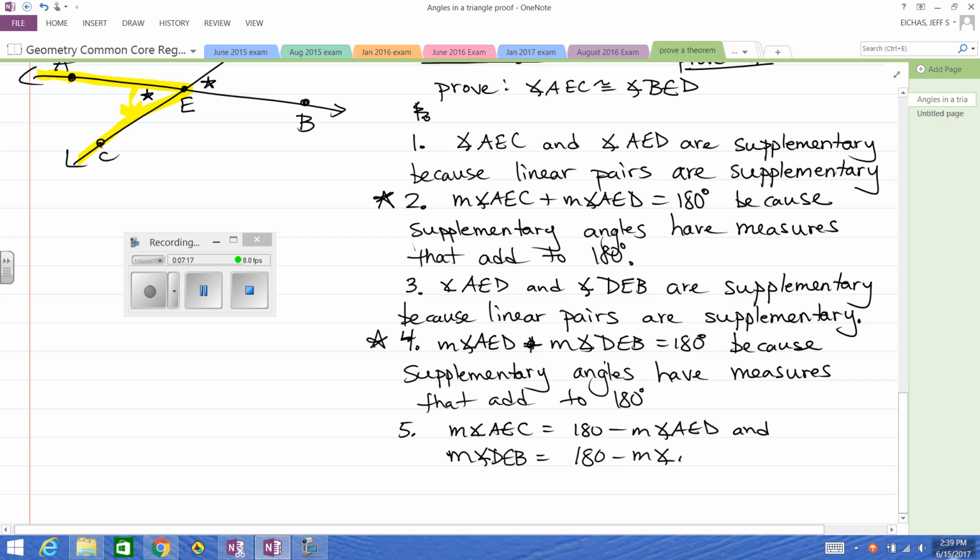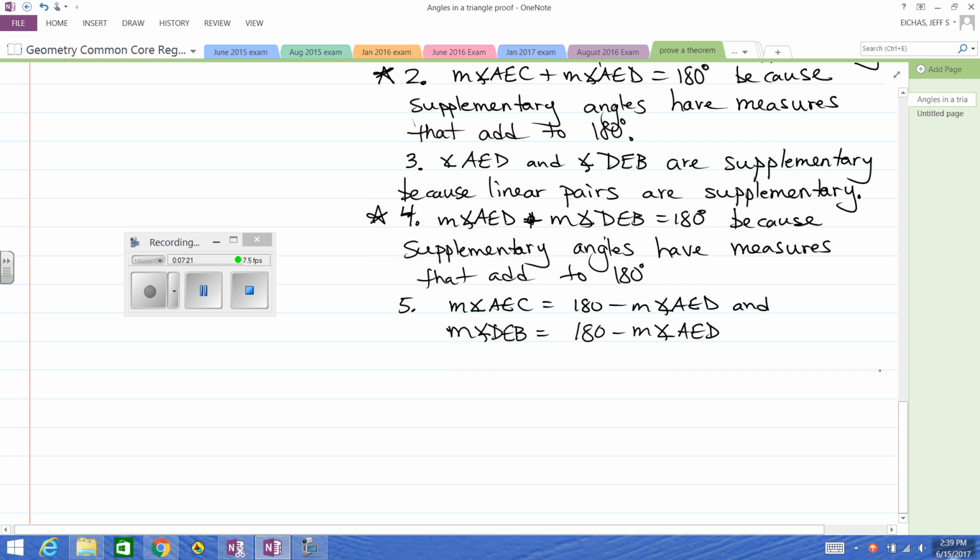It's minus the same exact angle. And that's by the subtraction property of equality, as we have called it in the past, or I subtracted the same amount from both sides. You can say whatever you need to say here to express what you did. You basically moved the measure of angle AED to the other side by subtraction.